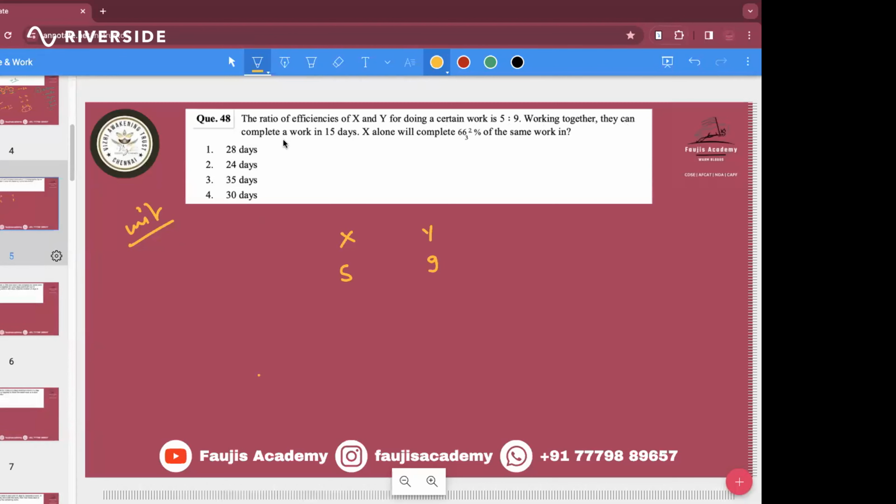Working together, they can complete a work in 15 days. Working together in one day, how much will they be doing? 14 units. Right, guys? Working together, they will be doing 14 units per day. So in 15 days, how much work will they be doing together? 15 into 14.